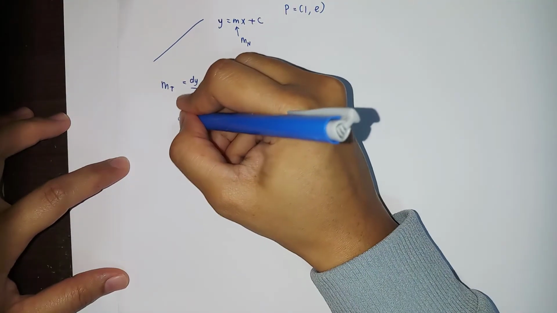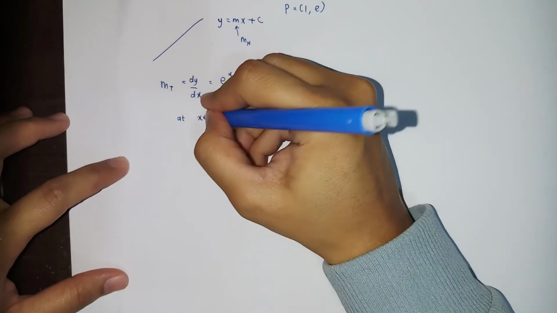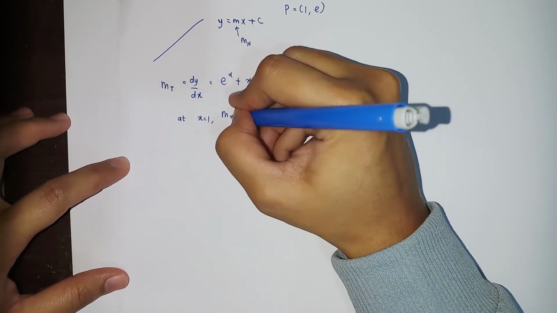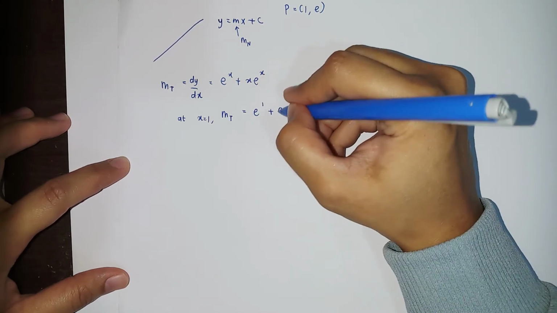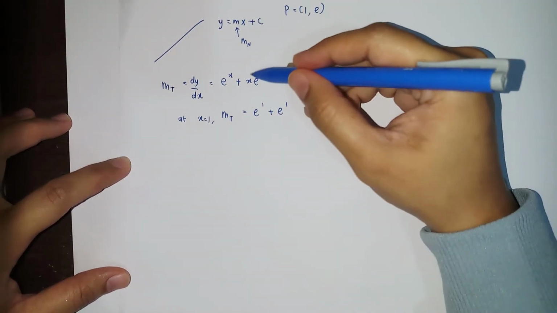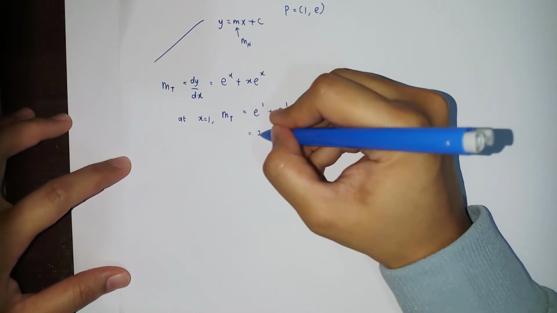So at x equals 1, the gradient of the tangent is equal to e^1 plus e^1. That one is just e, right? So you will get 2e.